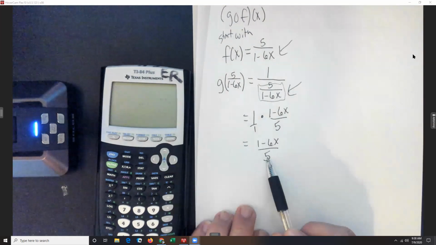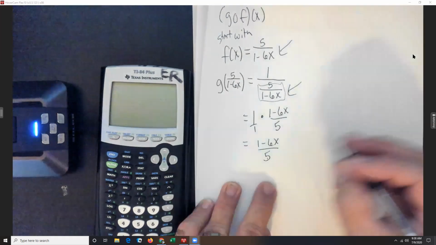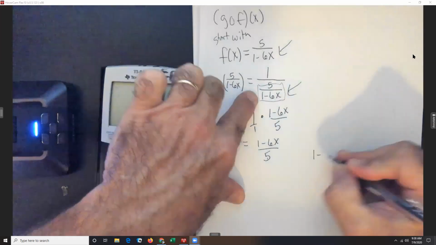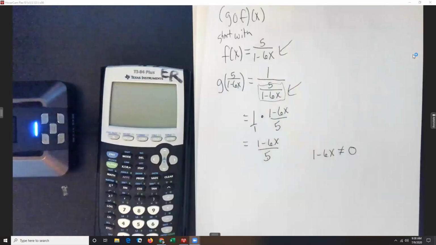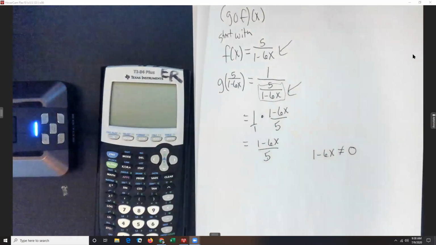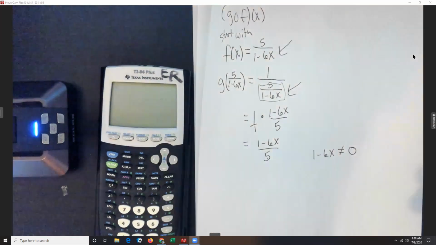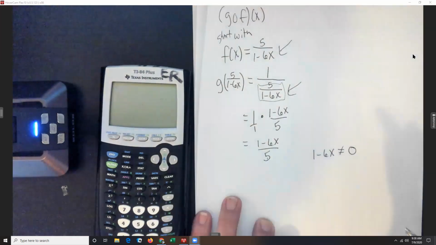So to find the domain on this one, we know 1 minus 6x cannot equal 0. All right, then we would solve this. So 2 ways to solve it. What I'm going to do, I'm just going to subtract 1.